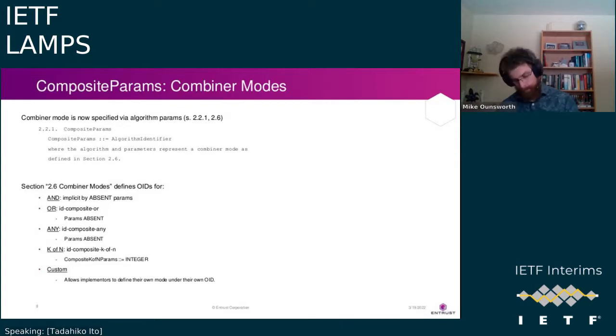Sometimes some algorithm can become weaker. So I'm not quite sure about embedding those K of N or any or things at the time of the signing process, or before the signing procedure.